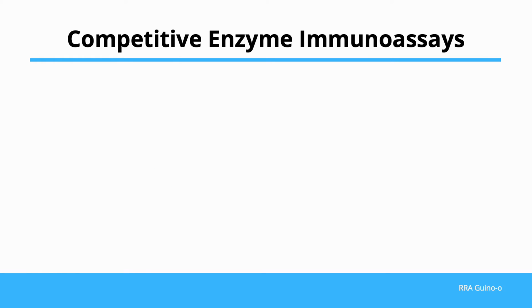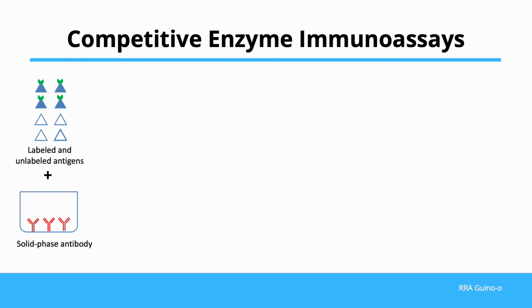Let's now take a look at the principle for our competitive enzyme immunoassay. This is similar to the principle of our radioimmunoassay, but instead it uses different labels. So here, we still have labeled and unlabeled antigens, but the labeled antigens are labeled with an enzyme rather than a radioactive material.